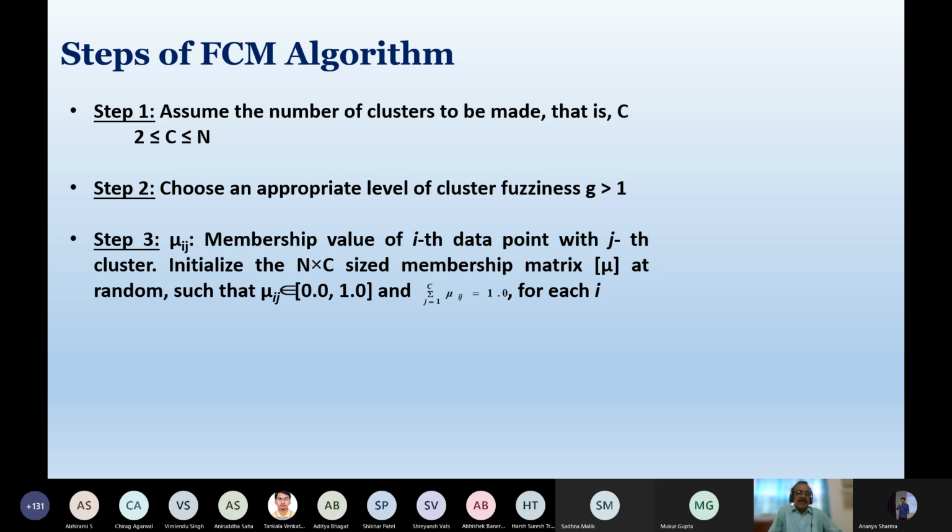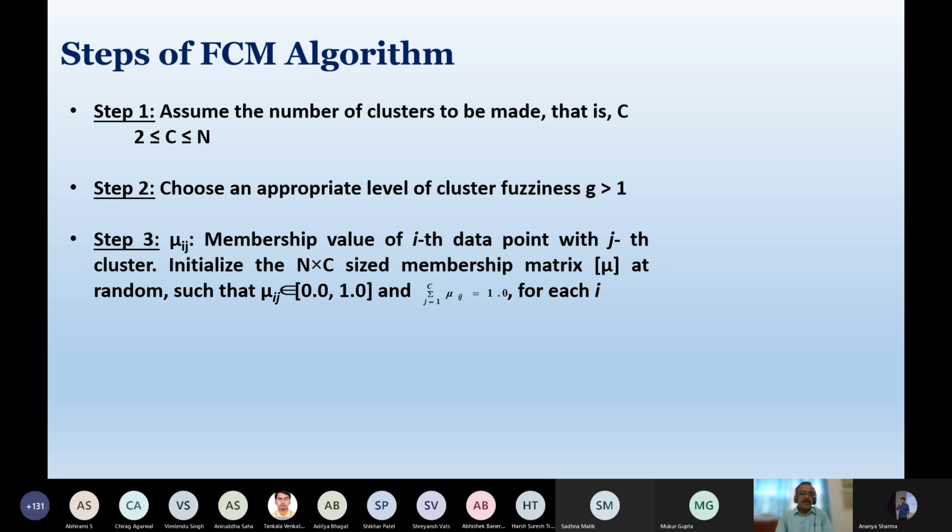The minimum number of clusters has to be 2, because if it is 1, then it is the original data set, so no clustering is done. And what is the maximum number of clusters? That is nothing but capital N. So C is lying between 2 and N.